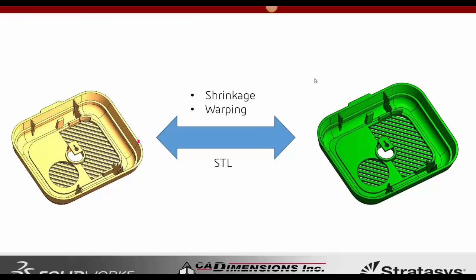You created or exported an anti-warp part. You used an STL model to superimpose it over this actual geometry, and then you used SolidWorks tools to bend or twist or scale the model up to match that anti-warp part. So now when you run that analysis again, it should shrink and warp into your desired shape.